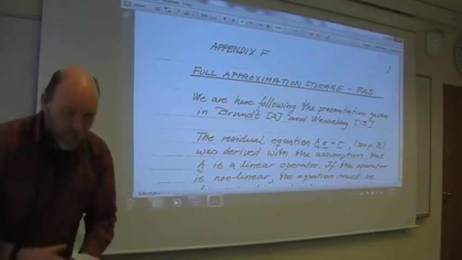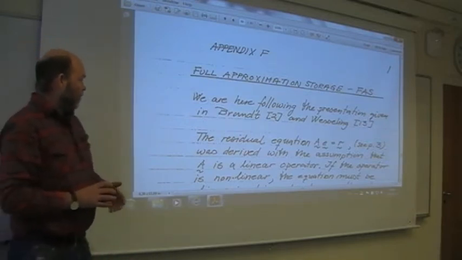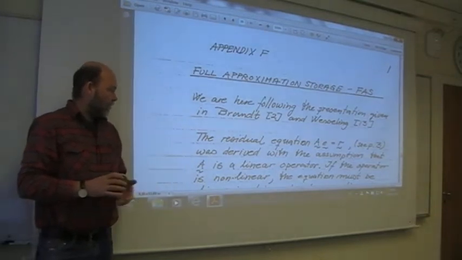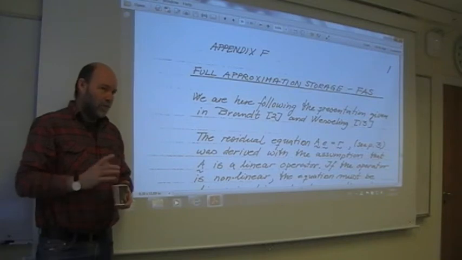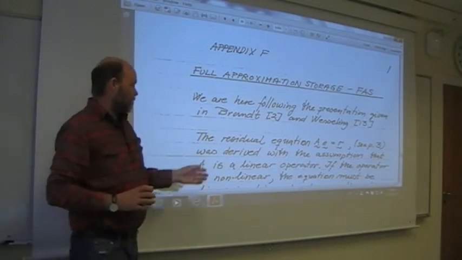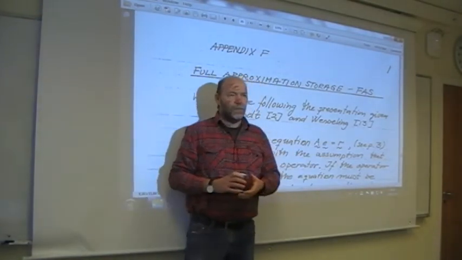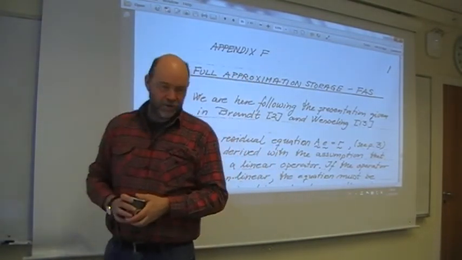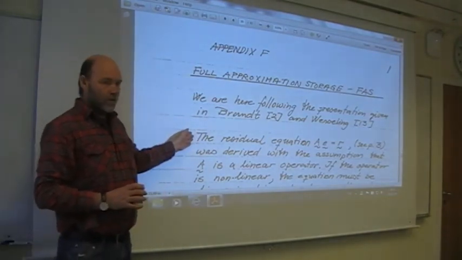Yeah, the full approximation storage. If you can recall from the beginning, we started by finding this residual equation. But to obtain the residual equation, we had one demand: your equation system must be a linear equation system. If it's nonlinear, you can't use the residual equation.